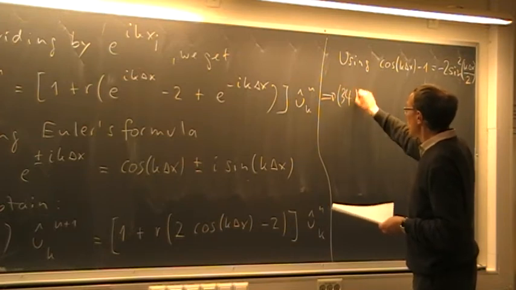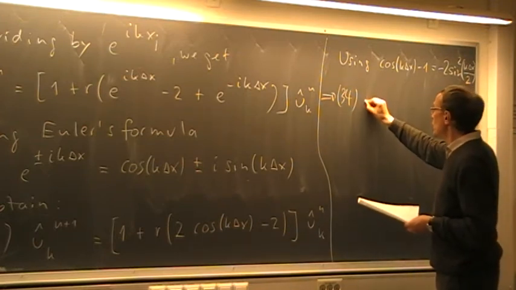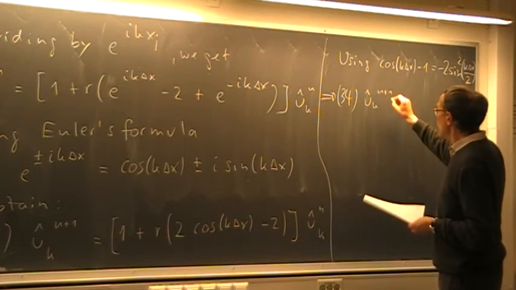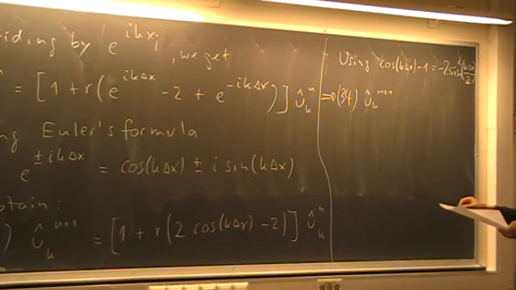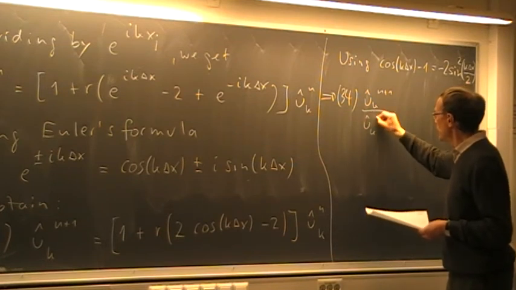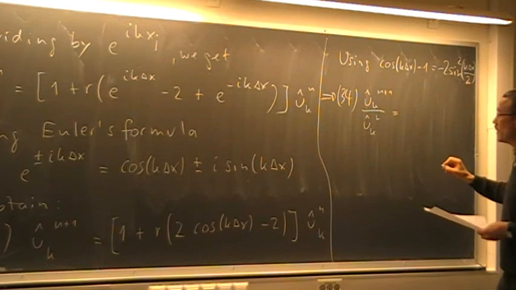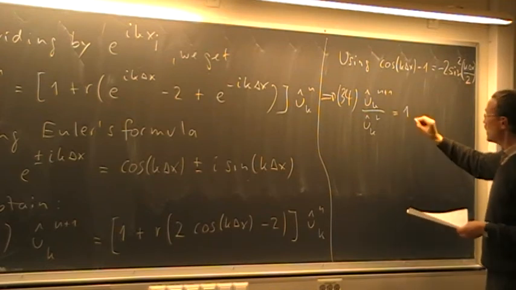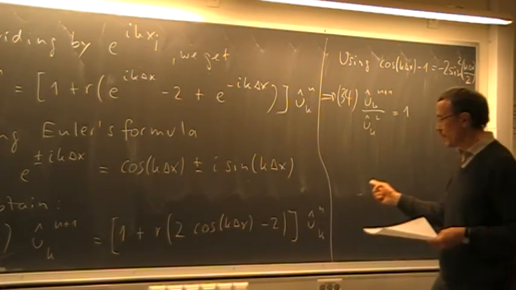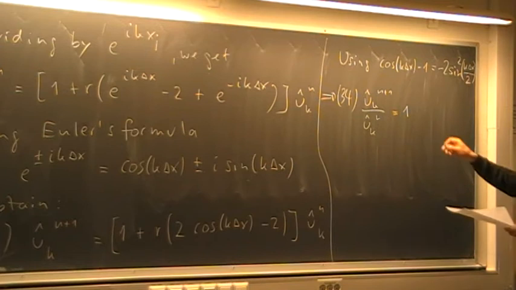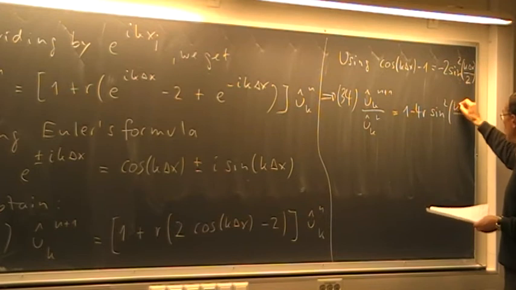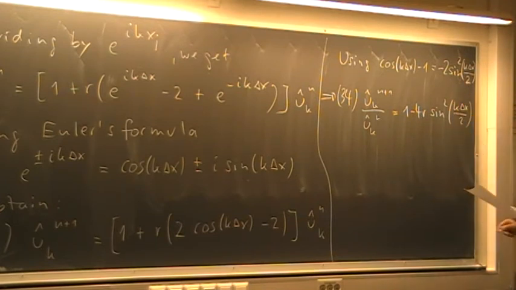So, equation 34: u hat k n plus 1, and we can now divide by u hat k n, that is then equal to, what is remaining is 1. Here we have already the 2 factorized, so altogether we get a minus 4 sine squared of k delta x half.